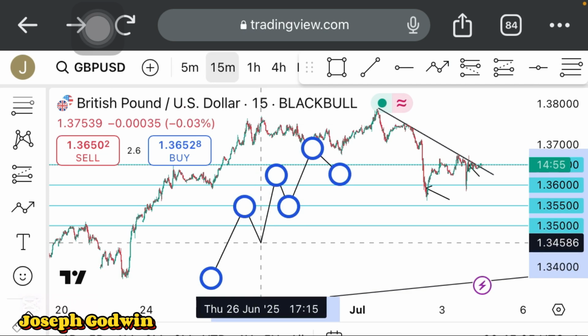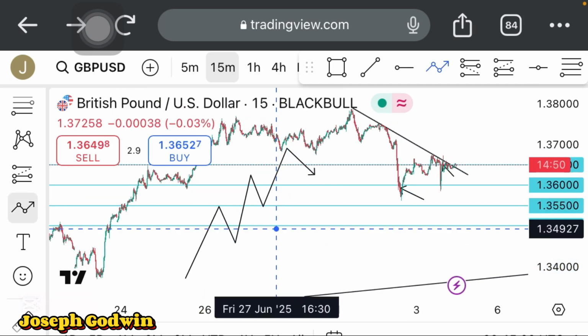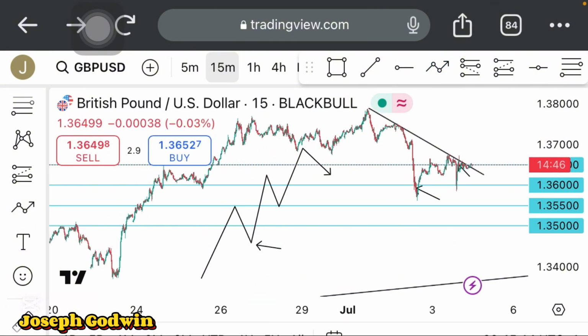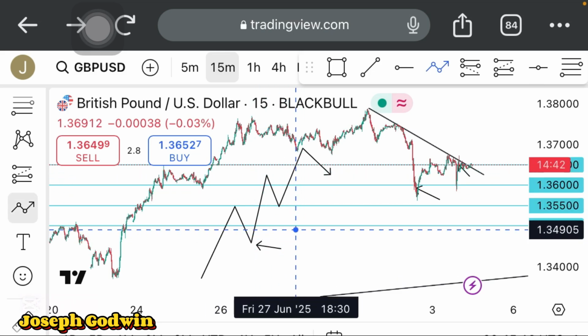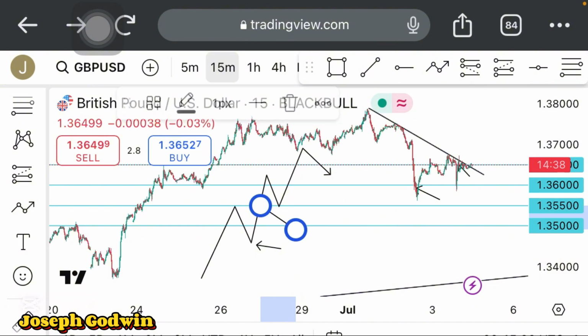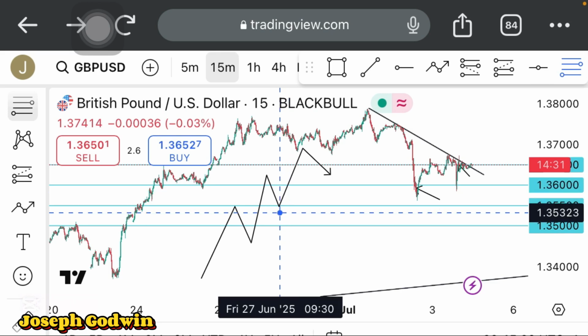So your job now is to wait for price at this level when it is retracing, so that you can buy from this point up to this point. For you to know when the retracement is ending, that is when you need this Fibonacci tool.